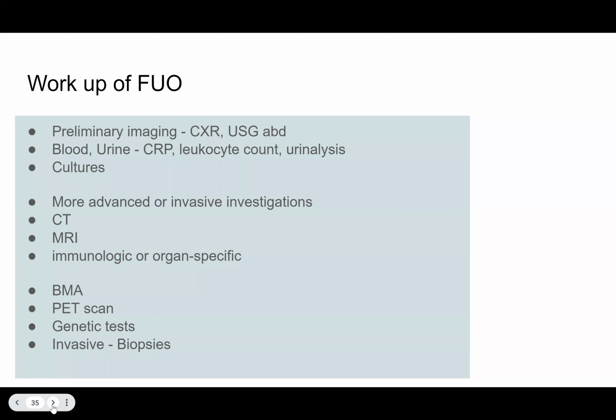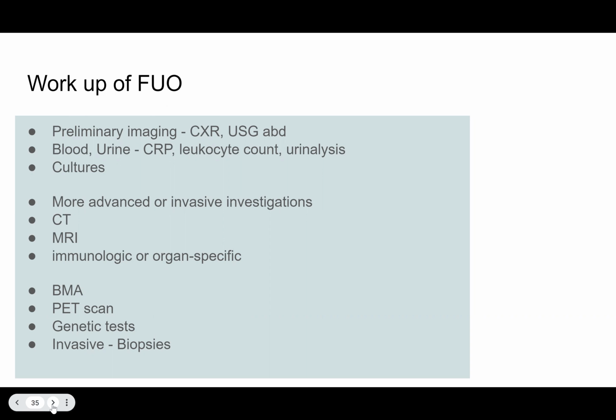Then if nothing turns up, we will go to more advanced or invasive investigations. We will go for imaging, immunologic or organ specific workup like liver function or renal function. We might go for further scans, CTs, MRIs.